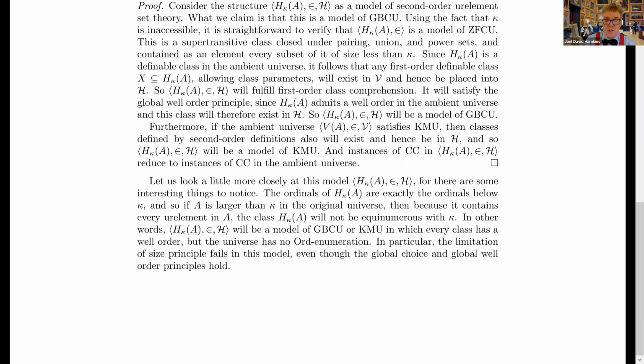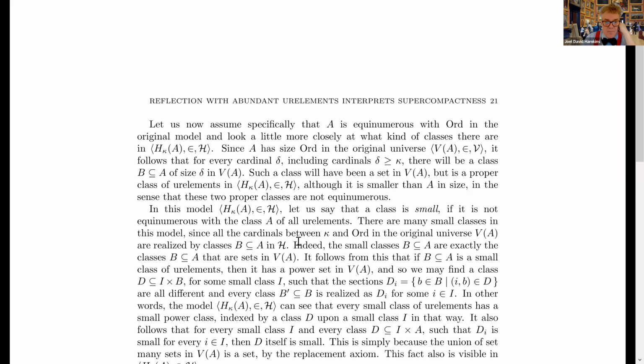They're no longer equinumerous. But yet every class is well orderable, so we have global choice in that sense, but not every class can be put into order type ord because it's just much bigger than ord, because the ord of this model is kappa, which is tiny in comparison with the order type of the atoms, which was the ordinals of the original universe V.